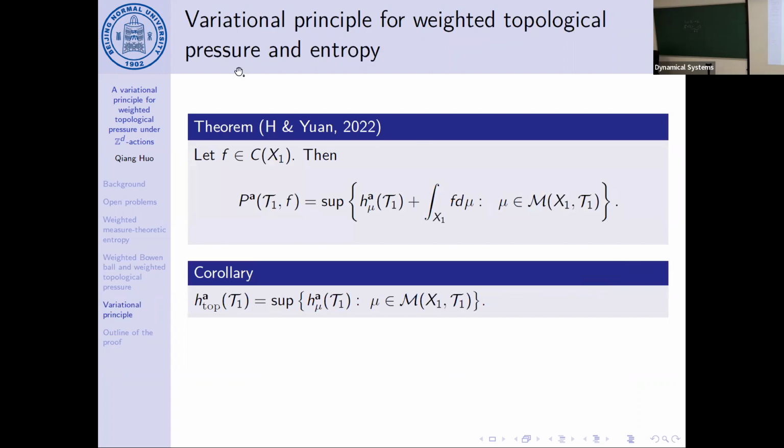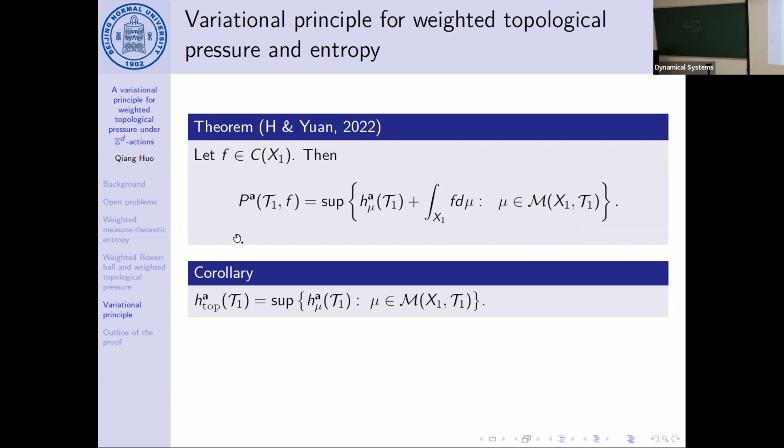And this is one of the main results. We established the variational principle for weighted topological pressure. That is, for a potential function F, the weighted topological pressure of F is the supremum of the weighted measure-theoretic entropy plus the integral of F, where the supremum is taken over all invariant measures.